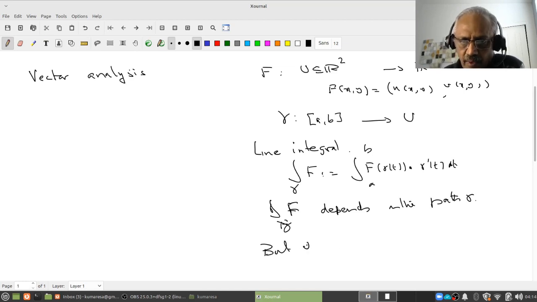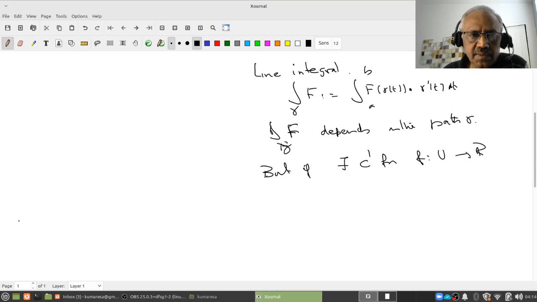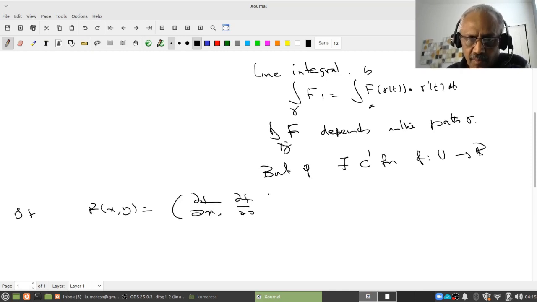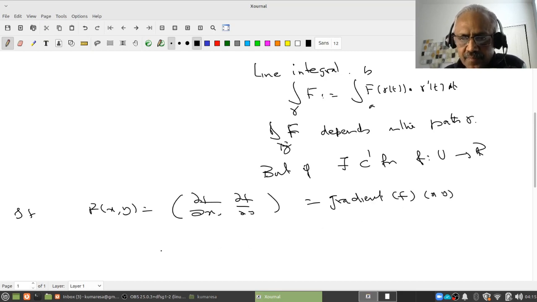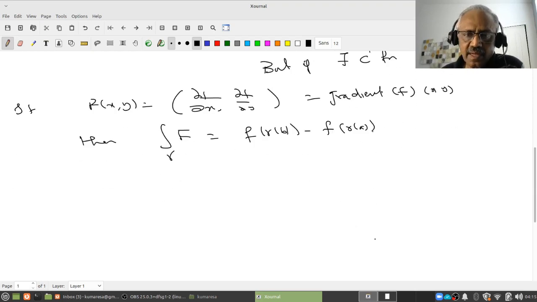But if there exists a C1 function f from U to R such that F of xy equals del f by del x, del f by del y at the point xy, that is the gradient of f at the point xy, then we know that the integral of F over gamma is f of gamma b minus f of gamma a, and hence such a field is called a conservative field.